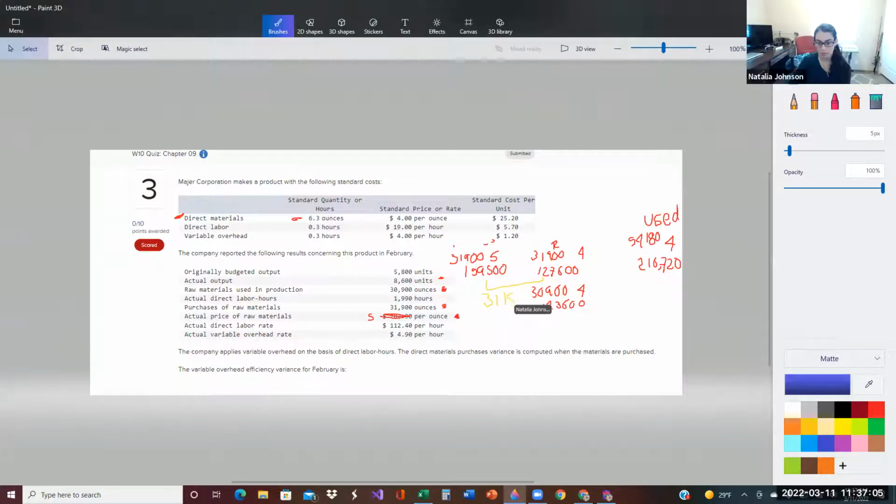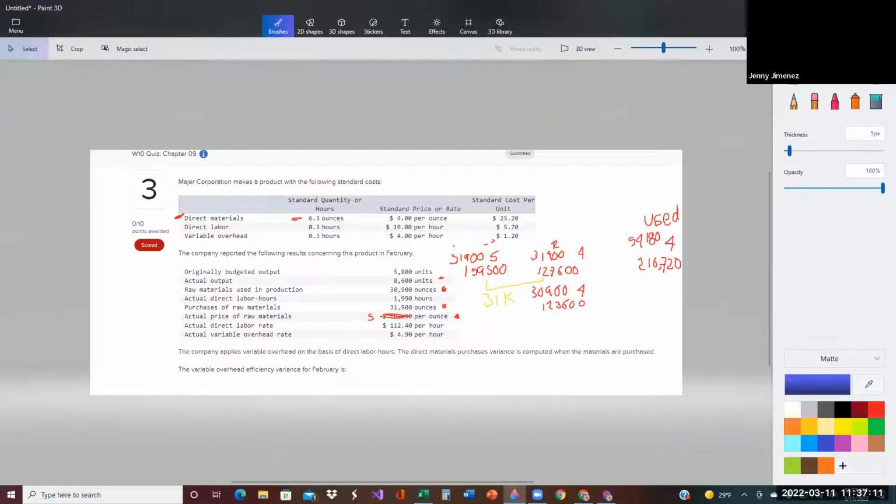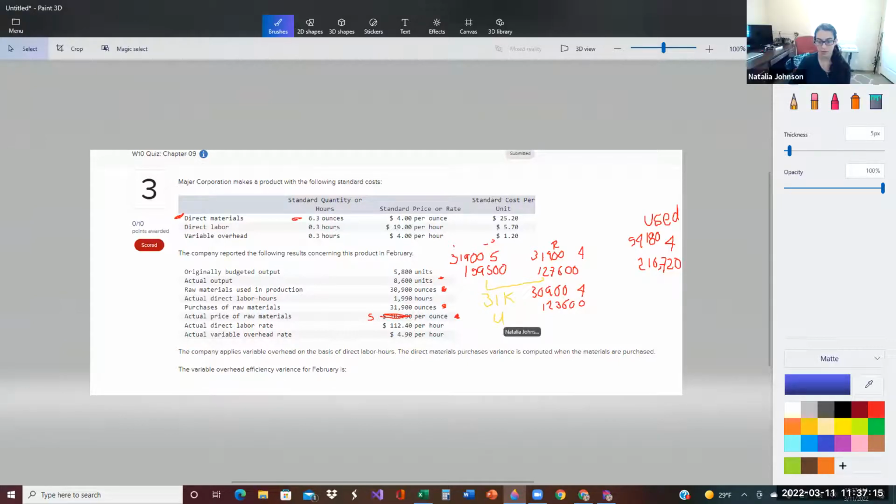Okay, and is that favorable or unfavorable? That's unfavorable. Spent more. Left side's bigger than the right side, so it's unfavorable. And we said that the price is 5 and the standard was 4.